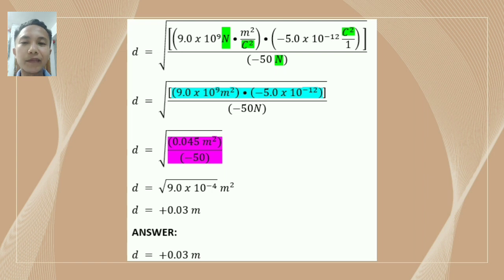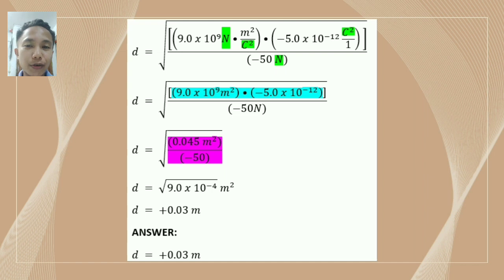Okay, and then divide it by negative 50 newtons, or negative 50 because we canceled newtons, so we need to divide 0.045 meters squared by negative 50, then you'll get the square root of 9 times 10 to the power of negative 4 meters squared.